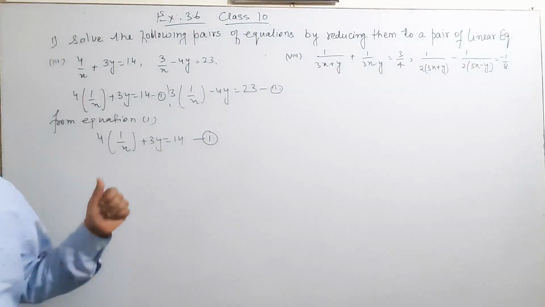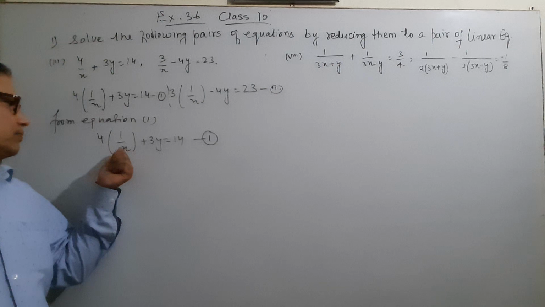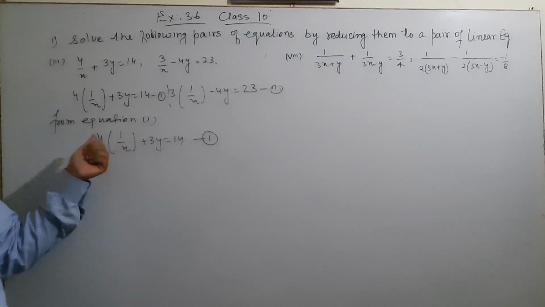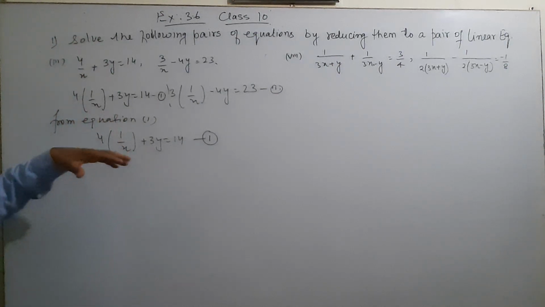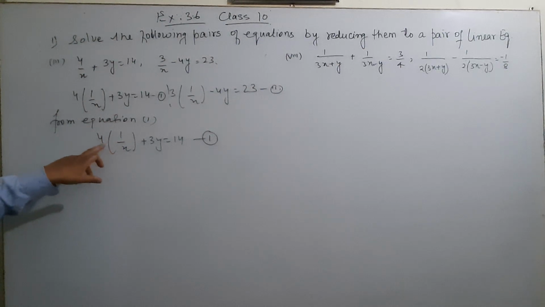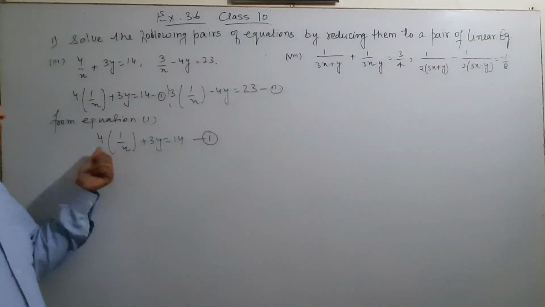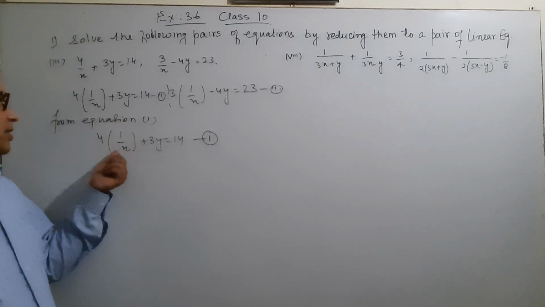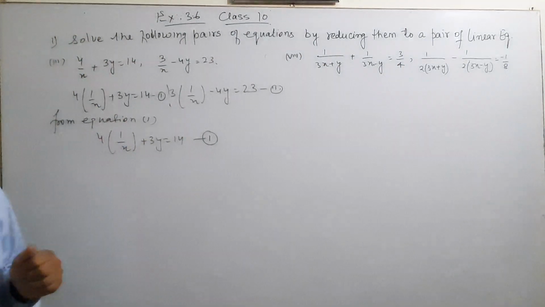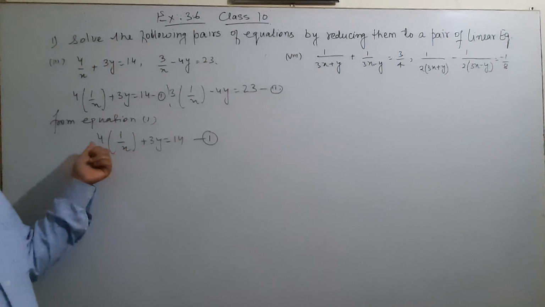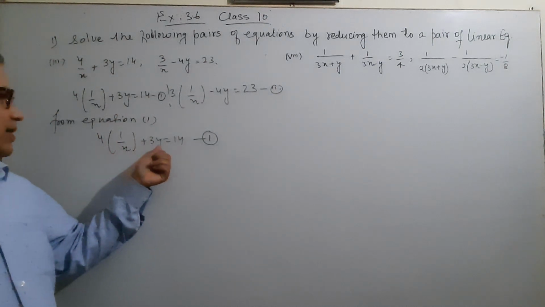From the second method, from equation first, 4 into 1 upon x plus 3y is equal to 14. From here, 4 bracket 1 by x, if 4 is multiplied by 1 by x, then we can separate it. 4 bracket 1 by x plus 3y is equal to 14.